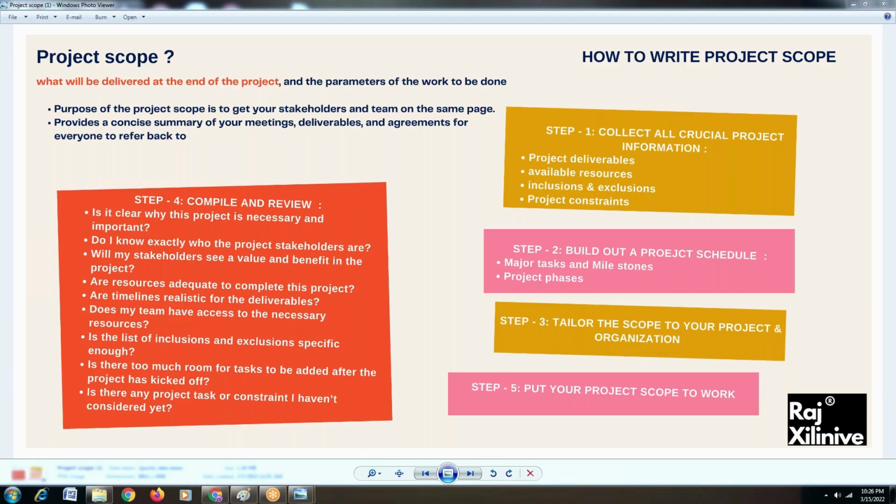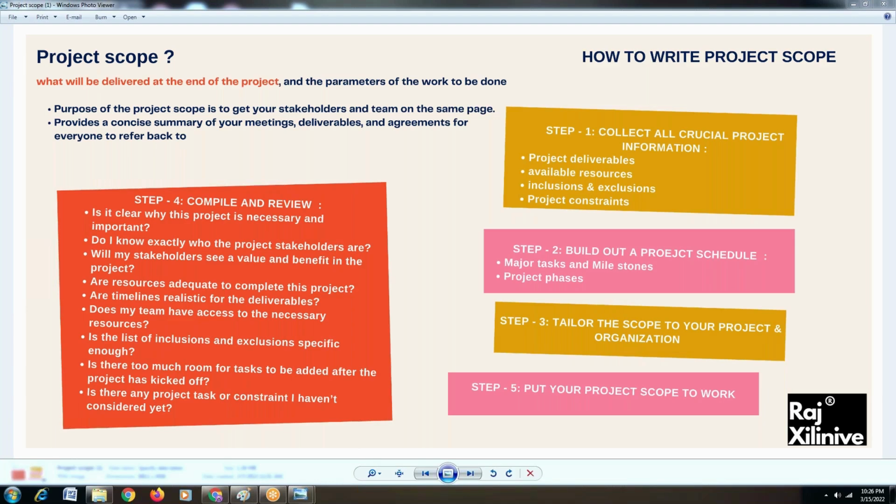So we must know who our project stakeholders are. Third point, how will these stakeholders provide value and benefit for the project, because they should provide value-added services to support the project. That is also essentially needed.